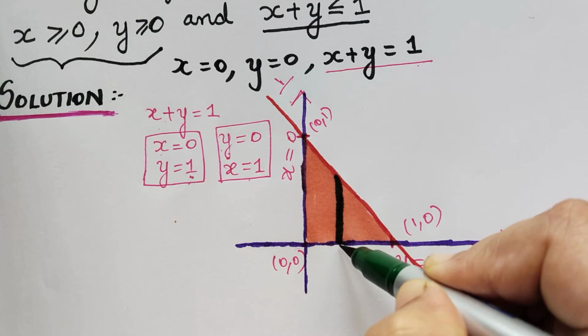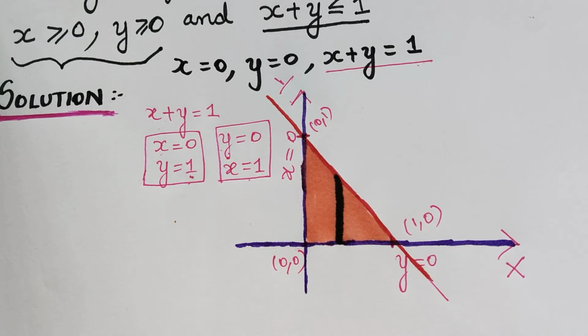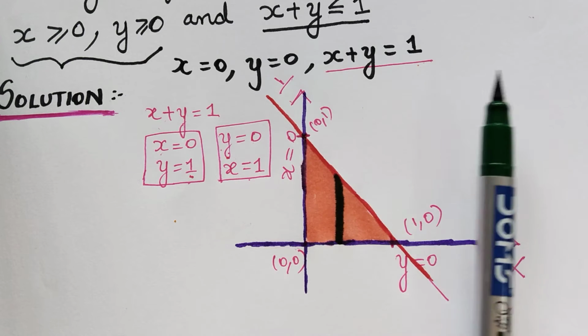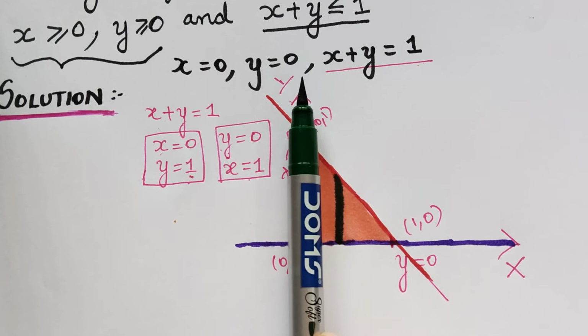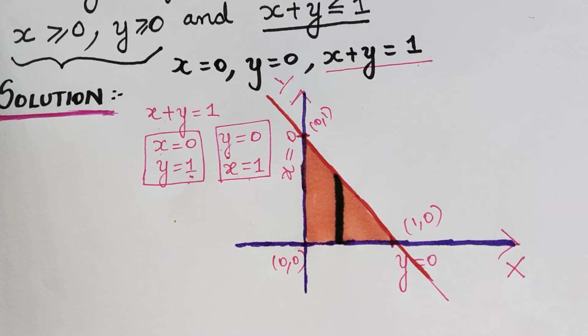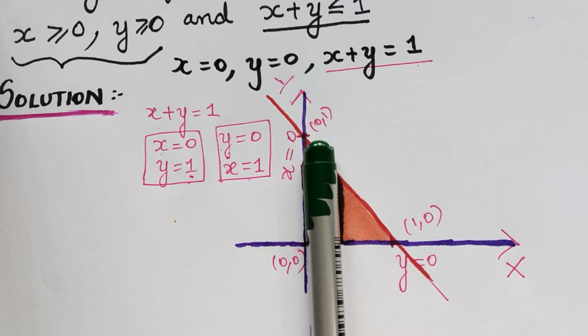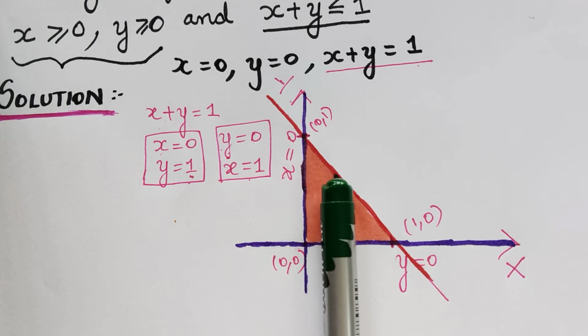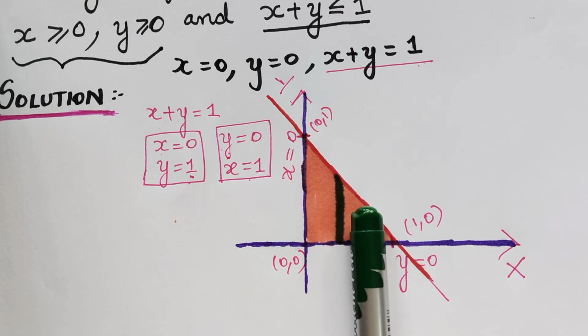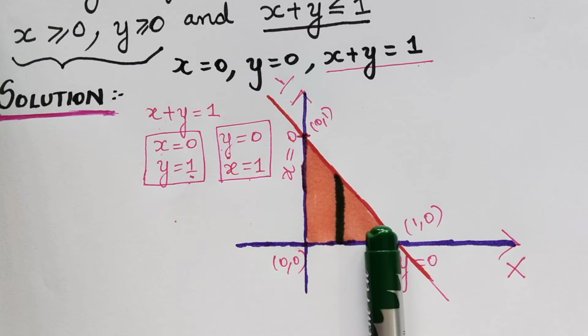This is a moving strip, and it moves along the x-axis. This strip changes its length as it moves along the x-axis, and as it moves, it will cover the complete region that we need.